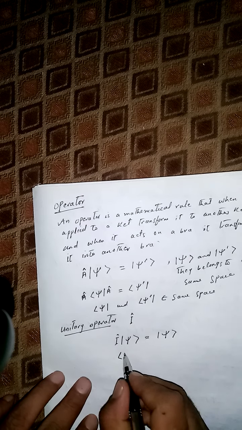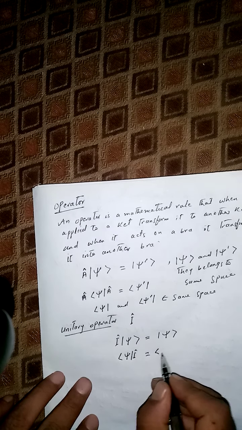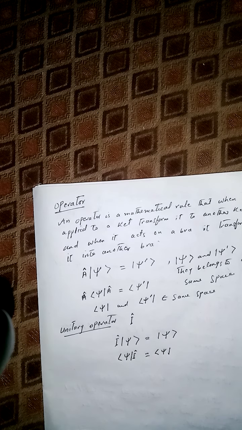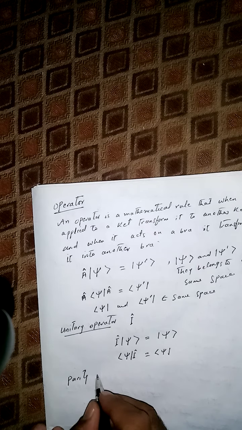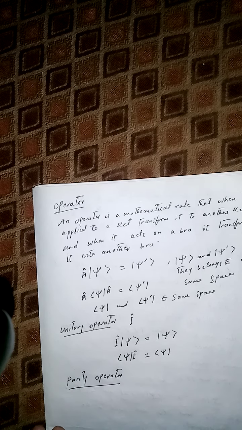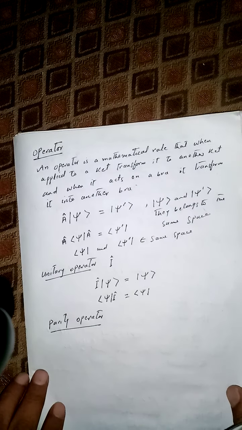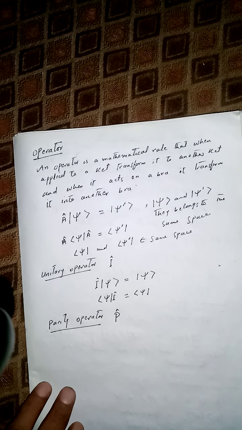If we apply this unitary operator on a bra, we get the same bra vector. The second kind of operator is called the parity operator, and it is represented by the symbol P with a cap above it.